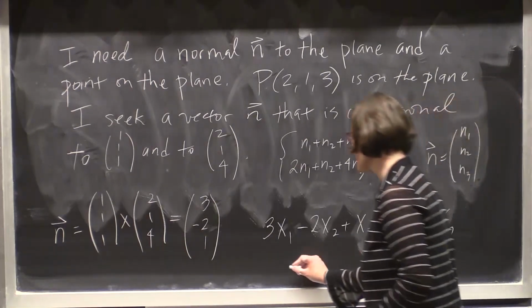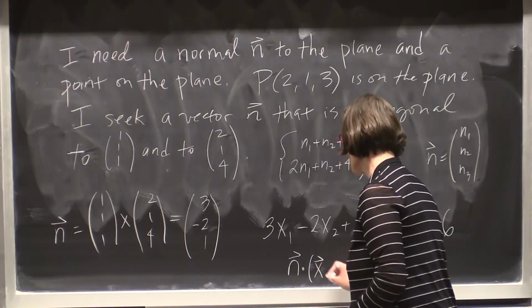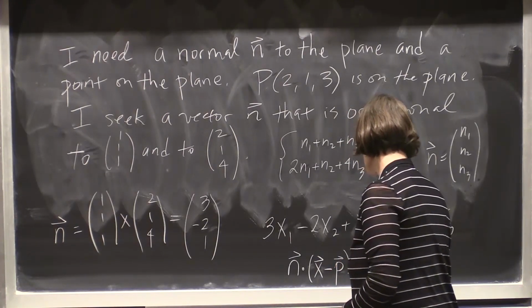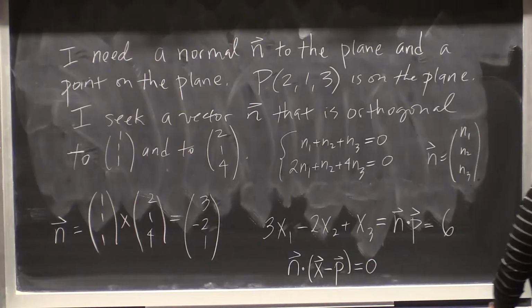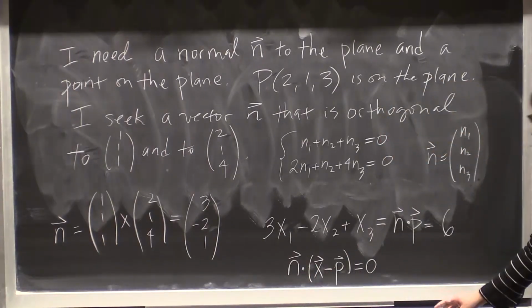So here what I did was I expanded out that n dot product: the position vector for x minus the position vector for the point must always be 0. If you unpack that, this is the left-hand side, and that is the right-hand side. Okay, so now let's get to the serious question of how did I compute that cross product?